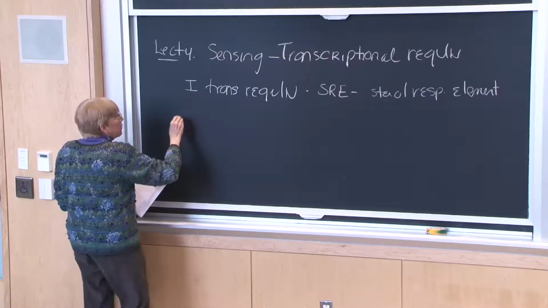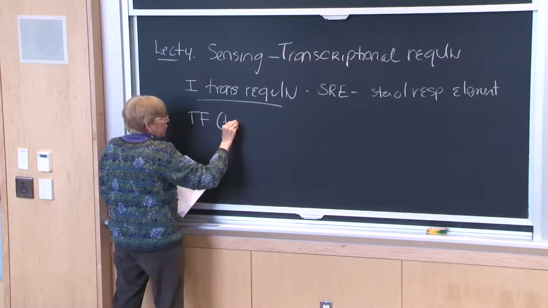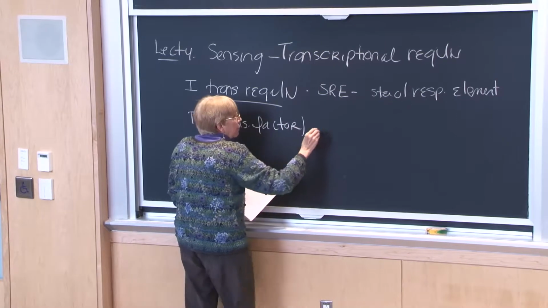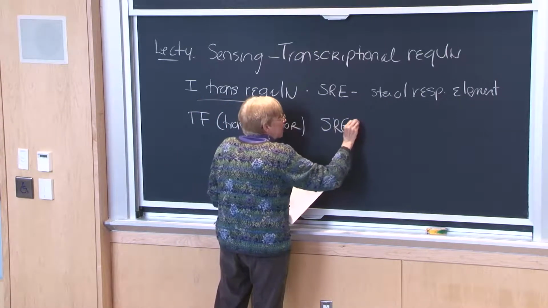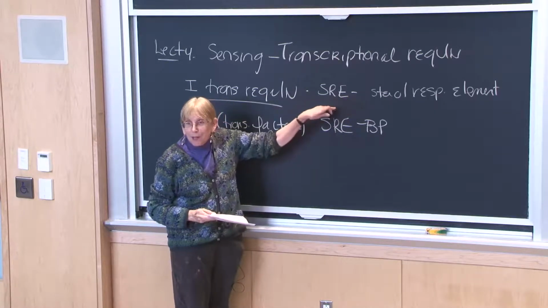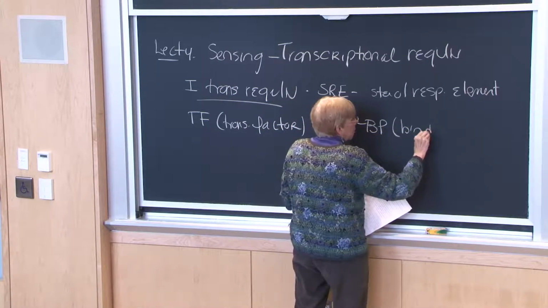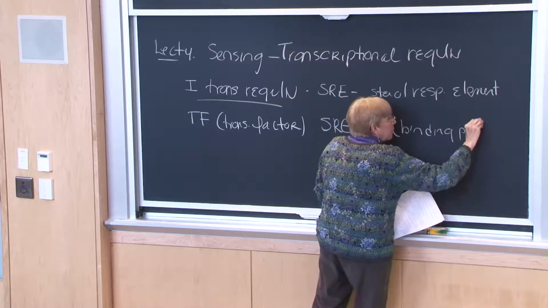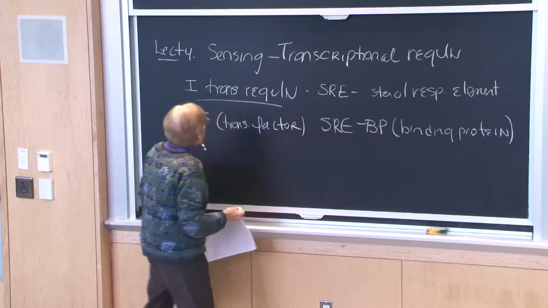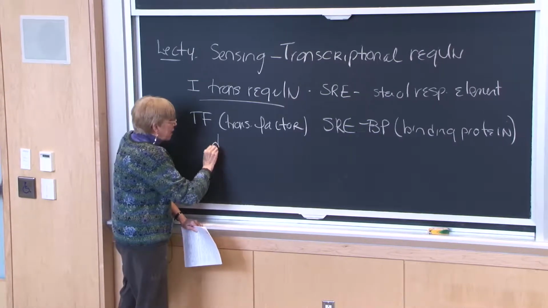And it also involves a transcription factor, TF, and this is called SREBP. So this is sterol responsive element binding protein. Okay, so BP is binding protein. Okay, so the first thing I'm going to talk about then is the discovery of SREBP. So that'll be the first section.